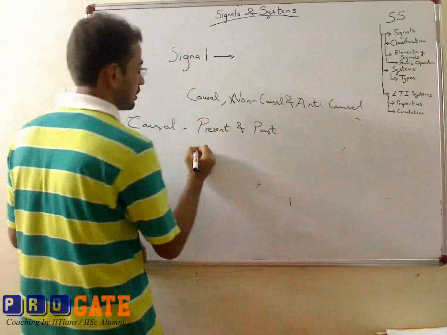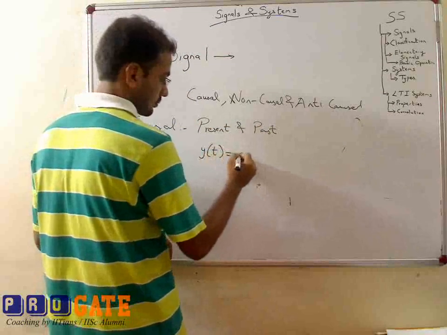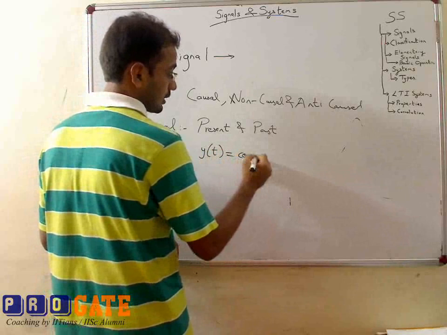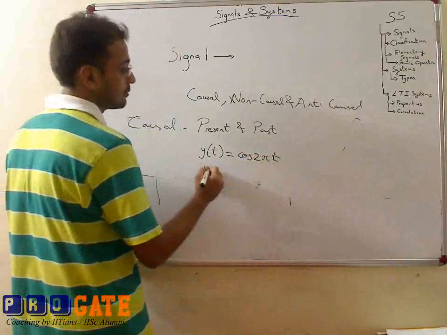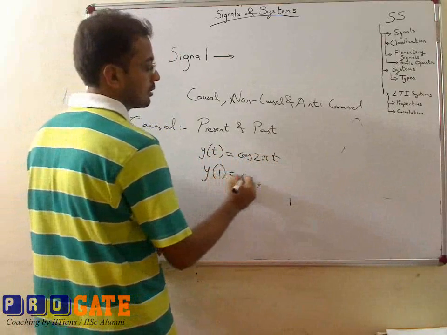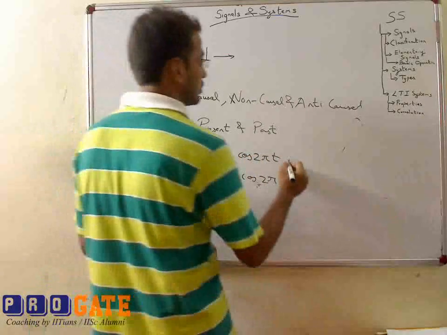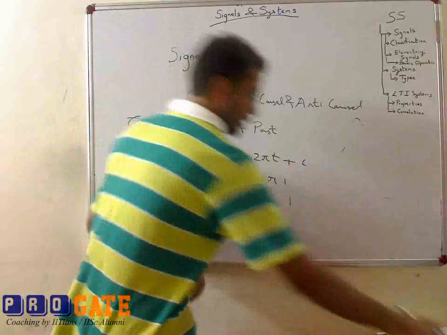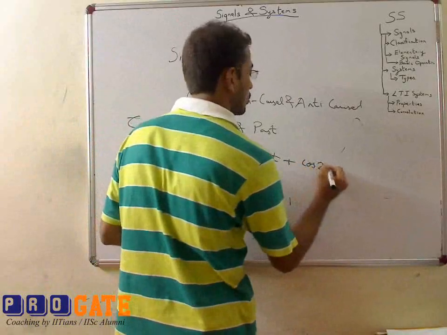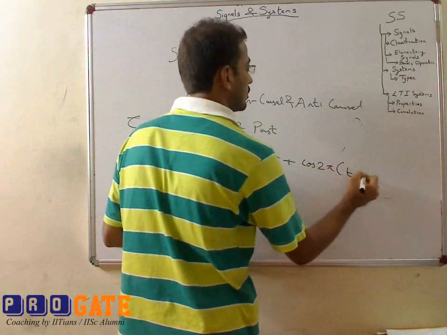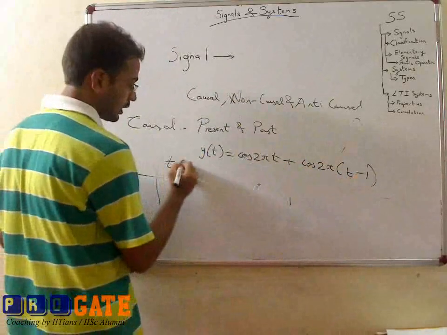If I take an example, if there is a signal y(t) which is cos 2 pi t, and I'm at an instant of time 1, I'm depending on my present input. Now suppose there was another term, cos 2 pi (t minus 1), and I am taking the signal at t equal to 3.